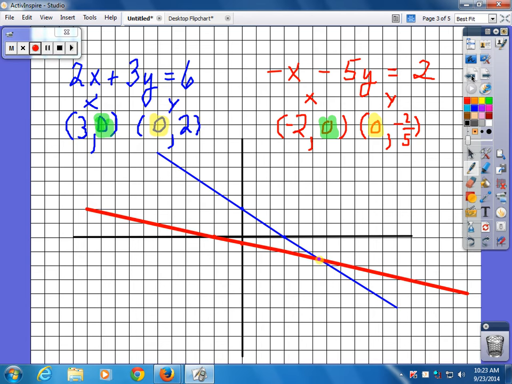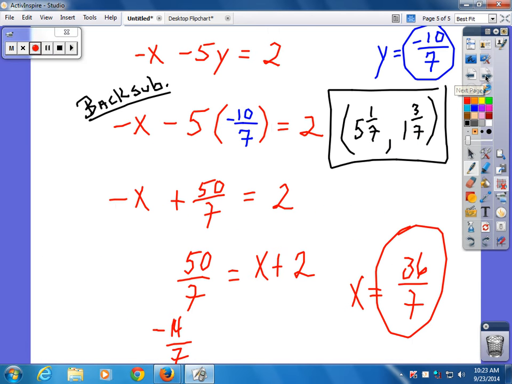Negative 1.5. 5.5. No, not a half, but 5. I got that right. And then 1. That should be negative. Now you're going to do elimination and check back.